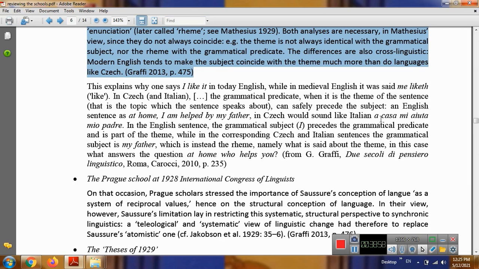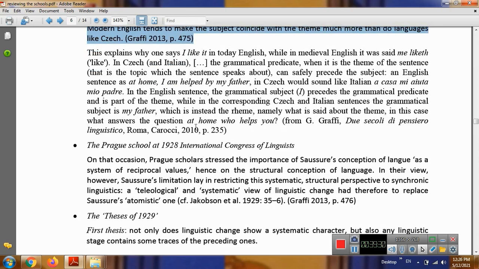In Czech it would sound like Italian, in this case, "mi aiuta mio padre." In the English sentence, the grammatical subject, meaning I, precedes the grammatical predicate, whose subject is my father, which is instead the rheme, namely what is said about the theme. In this case, it answers the question, "At home, who helps you?"